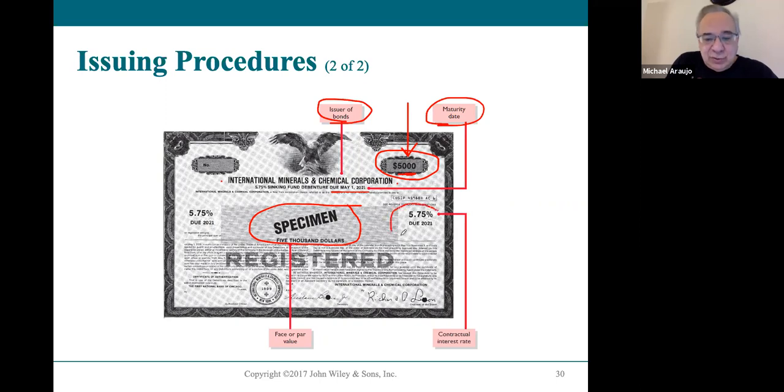There's a guaranteed interest rate on this bond. So it's a contractual rate. The word contract is there. And so basically speaking, every $1,000 of this $5,000 bond is going to be getting a promised 5.75% interest. So every single $1,000 is $57.50 of interest every year, times 5, because they have 5 bonds. This interest is paid twice a year on bonds, every 6 months.